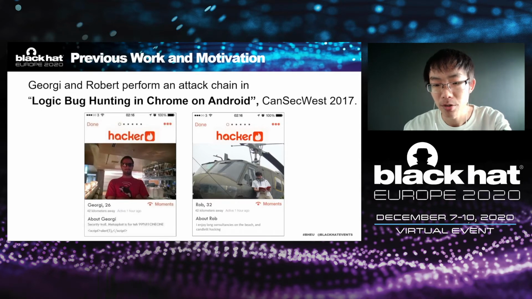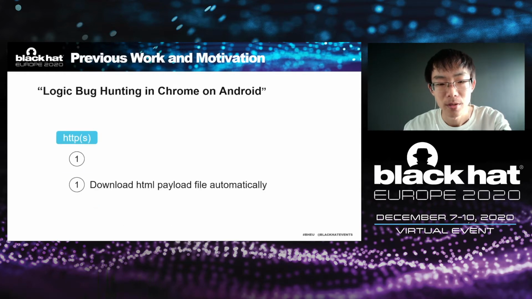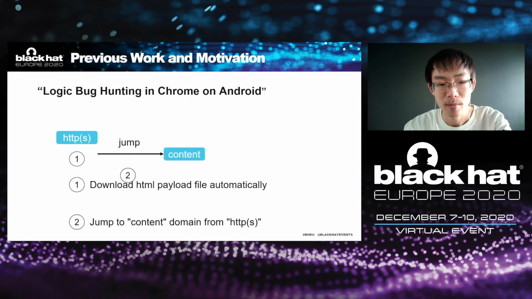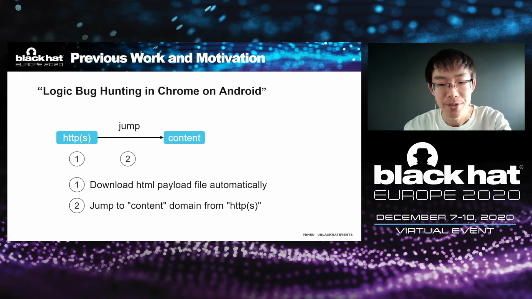George and Robert performed an attack chain on Chrome in 2017. Their attack chain contains 3 steps. First, download the payload. Then, jump to the content domain from the HTTP domain.